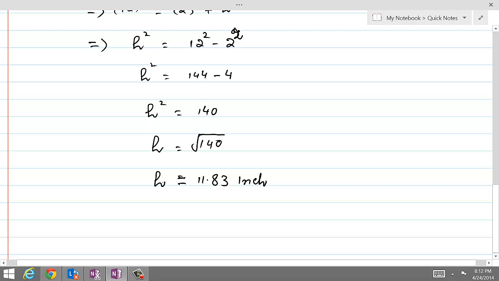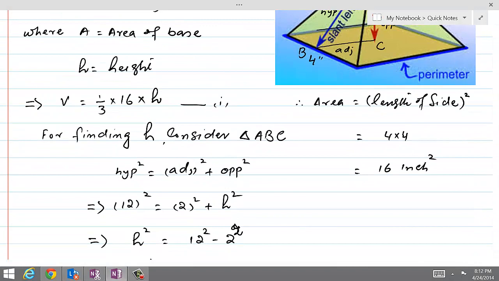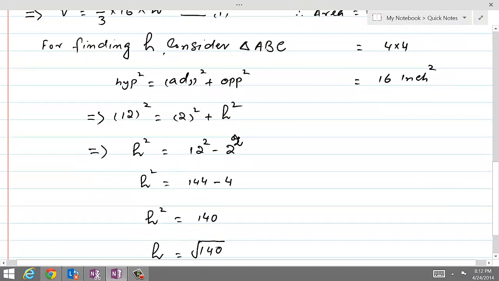And now we can substitute this value of h back in equation 1 to find the volume of the right pyramid.